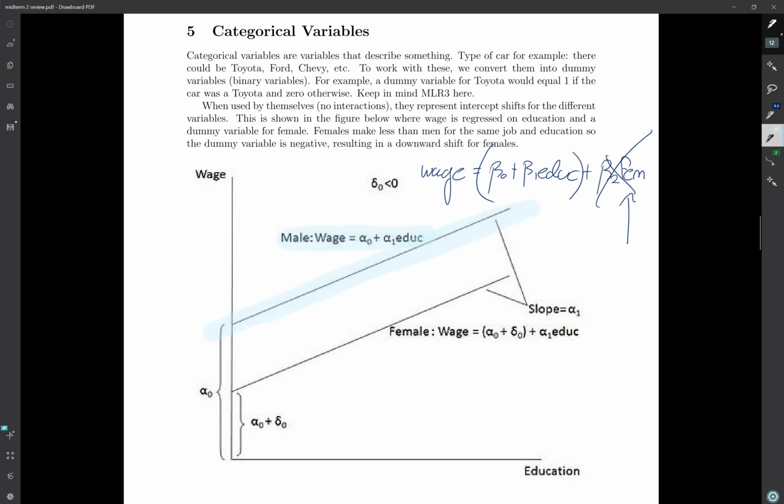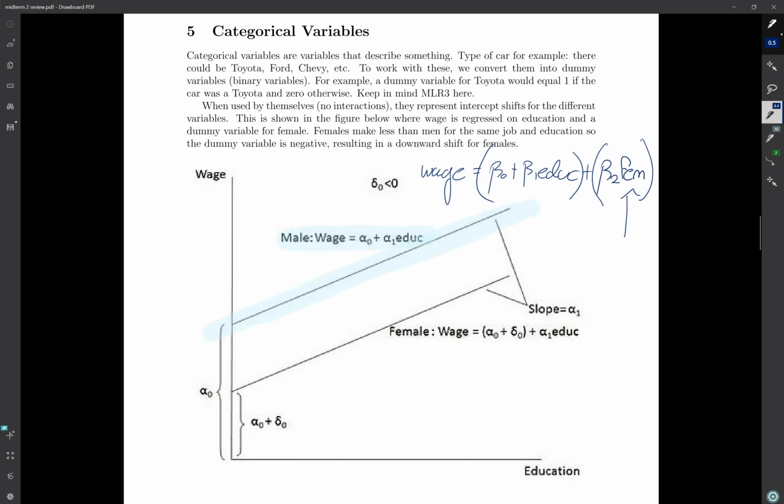Now what if we're interested in the effect of education on wage for females? Well, if we're looking at just females, then female is going to equal 1. And if that equals 1, then this whole term here is just equal to beta 2, since beta 2 times 1 is just beta 2.